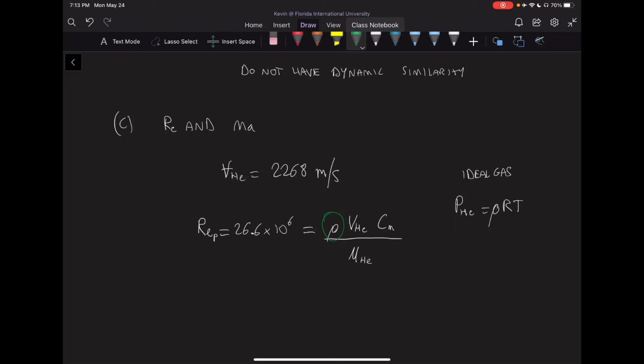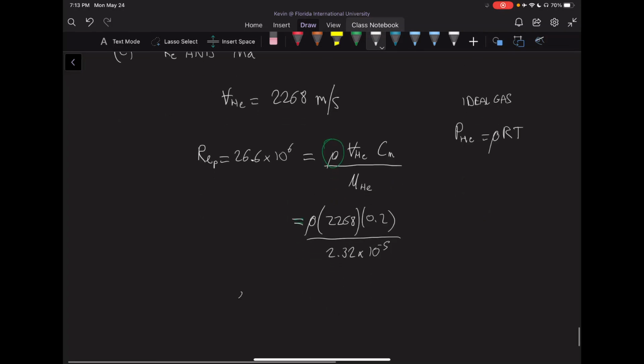If we rearrange the equation, this is equal to density times the velocity of helium, now 2,268, multiplied by 0.2, divided by 2.32 times 10 to the minus 5. And if we rearrange, we find that the density of helium, in order to make that match, should be equal to 1.36 kilograms per meter cubed.